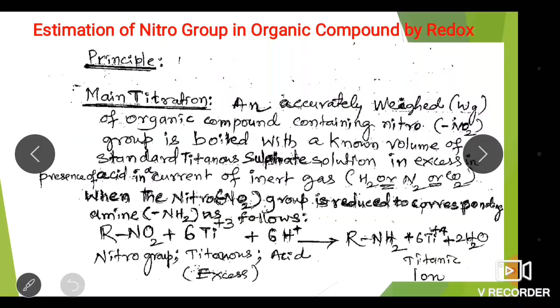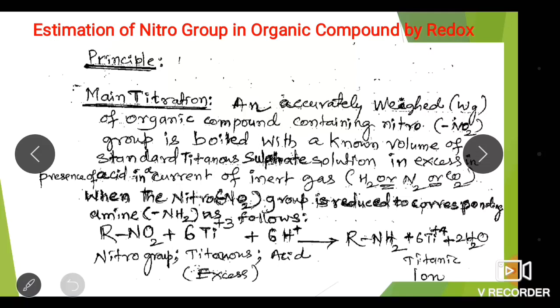Then the next one is the estimation of nitro group in the organic compound by a redox method. Redox means reduction as well as oxidation occurs in the reaction. So what is the main titration? An accurately weighed W gram of organic compound containing nitro group is boiled with a known volume of standard titanous sulfate solution in excess, in the presence of a current of inert gas, that is H2 or N2 or CO2.